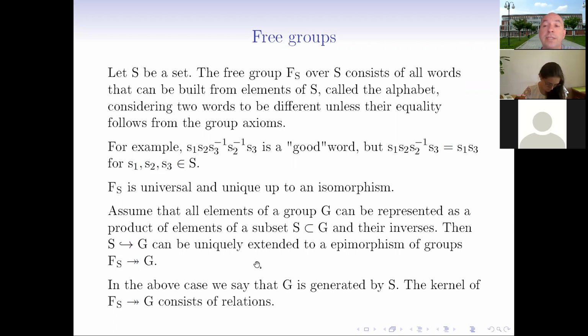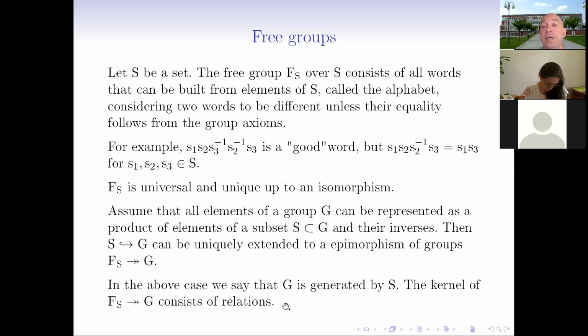So one can easily see that this map will satisfy the morphism property, and also it will be surjective as every element in G is some combination of products of elements in S and their inverses. And the kernel of this map from Fs to G capital consists of all relations. So in fact, in Fs, there are no relations other than the relations imposed by the group property.